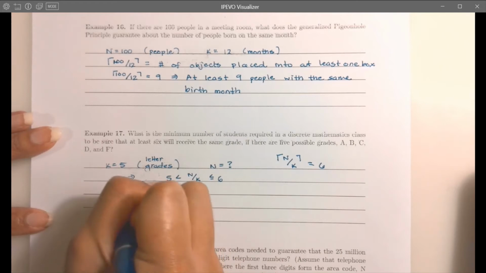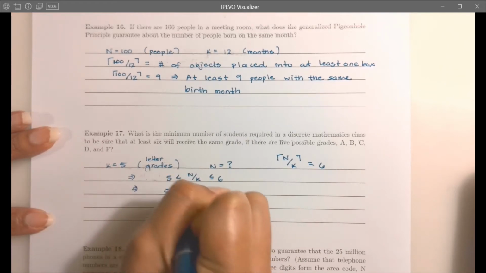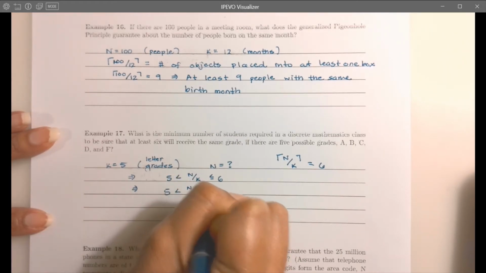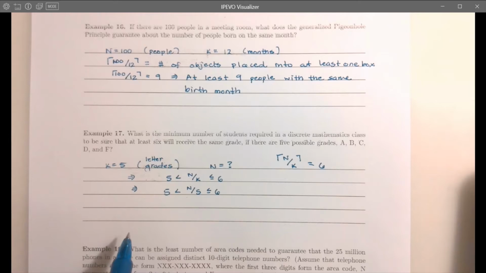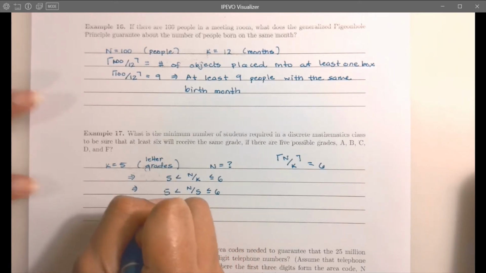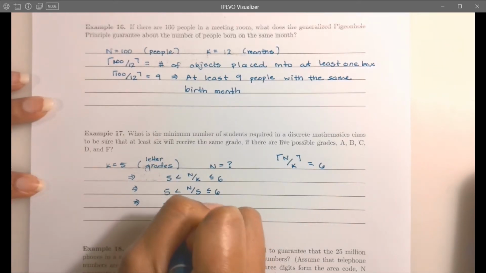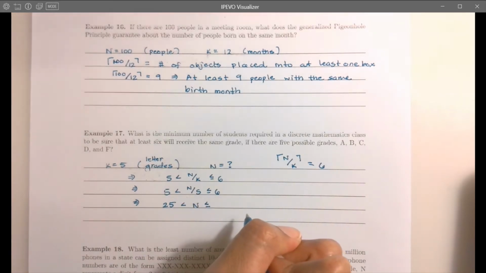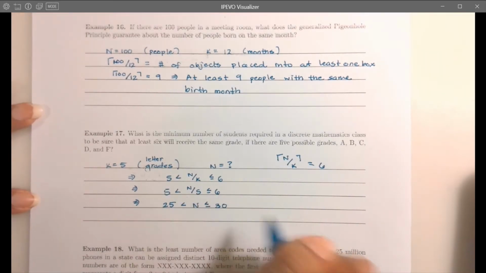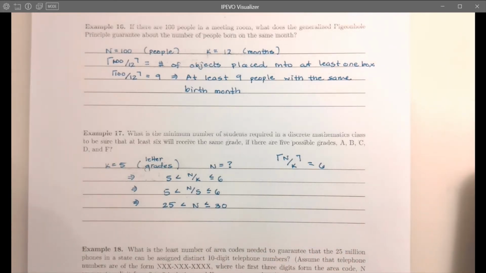It's a 5, so we get that 5 is less than n over 5, which is less than or equal to 6. Then we can solve for n by multiplying all 3 parts of the inequality by 5, and we get that 25 has to be strictly less than n, and n has to be less than or equal to 30. So what is the minimum number that n can be? The minimum number would be 26.